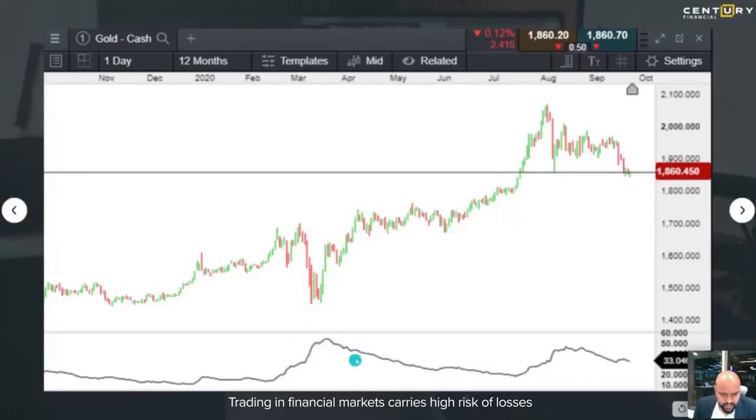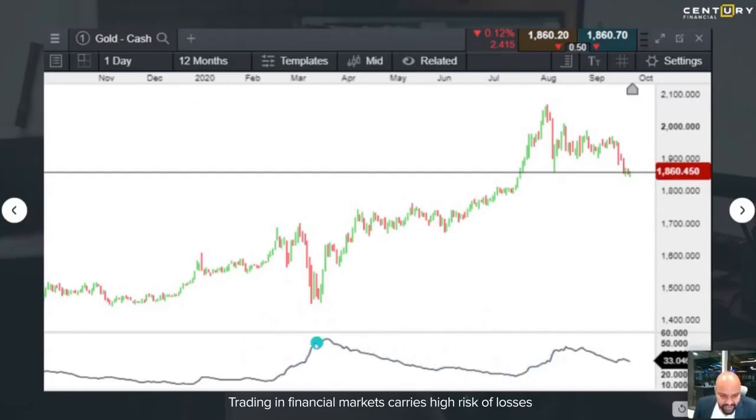Let's look at an example of an average true range. At the bottom, the black line chart is your average true range. Now I've taken the gold chart on a daily basis. Basically, it is showing me data all the way from December 2019 up to today. And you can see there's a good flat movement till February, and from Feb to March the volatility increased because of the COVID-19 situation, and then again you see the price coming down.